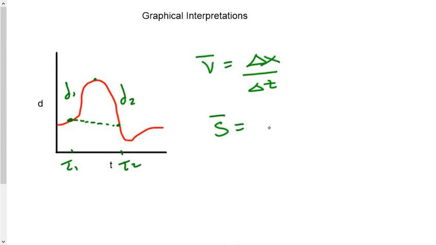So my average speed is really going to be d1 plus d2 divided by delta t. So actually this is a negative here, right? So we have to take the absolute value of that. This one, of course, is positive here. So that's our difference between average velocity and average speed, on an actual graph. In our next video, we'll do some examples.